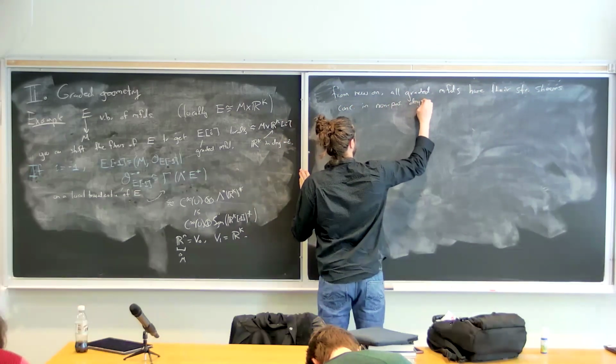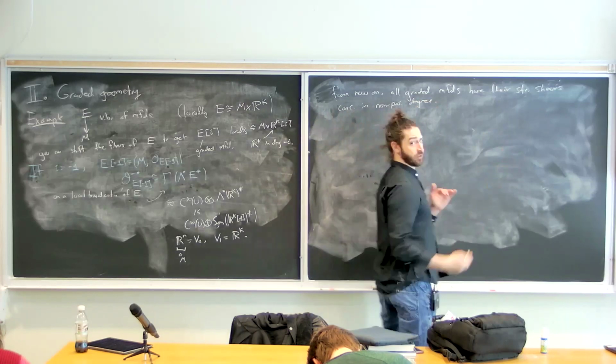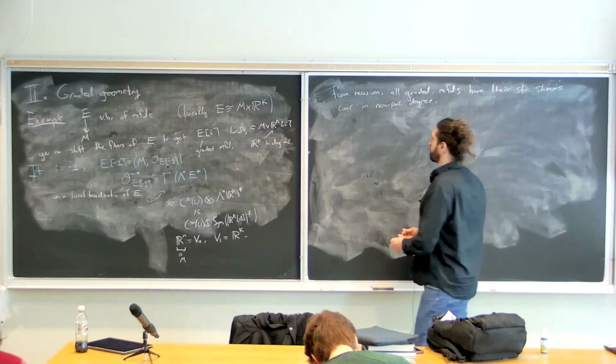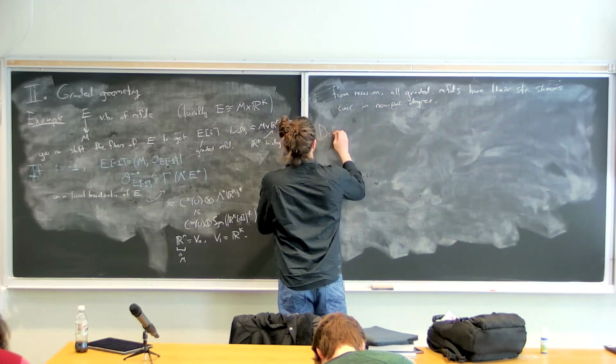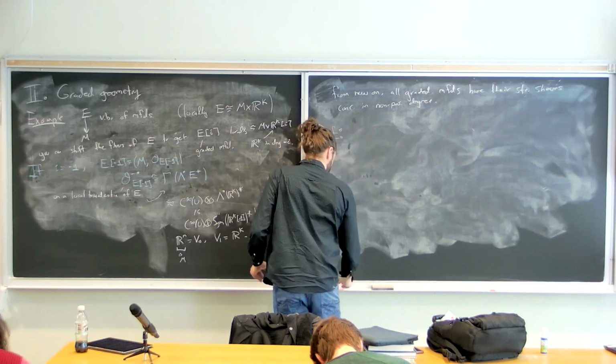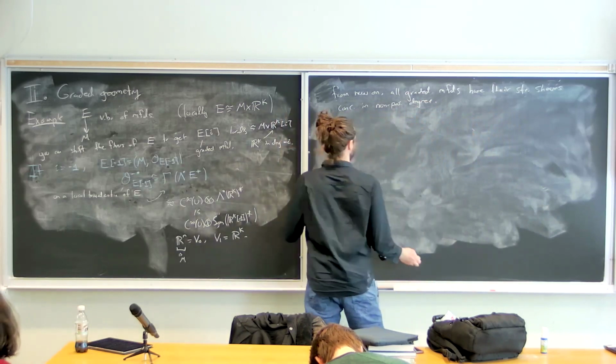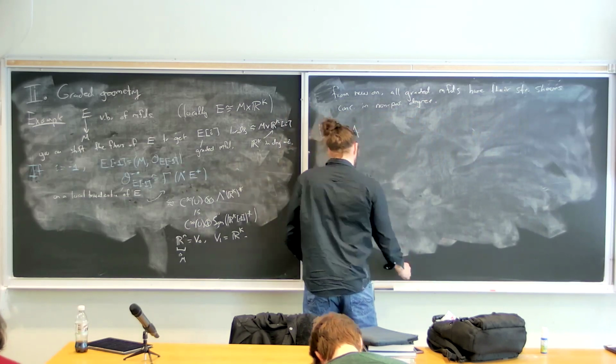That means the graded vector spaces I'm using are in non-negative degree. The definition I'm about to make still makes sense otherwise, but I don't want to have to keep saying non-positive graded.